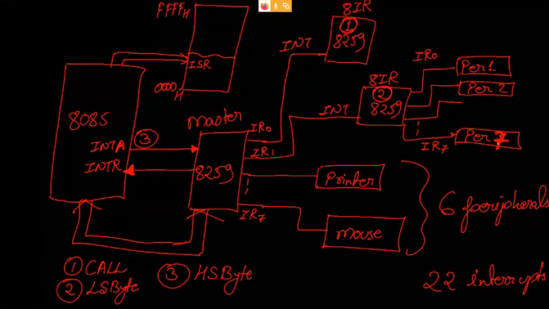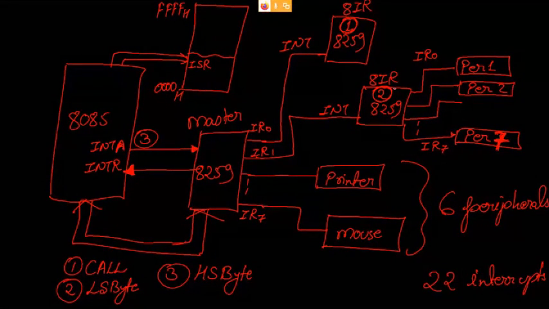In such a case, if these peripherals are demanding any interrupt, how is the 8085 going to know that this particular interrupt is generated from slave number 2's peripheral number 2? Assume this particular peripheral is demanding some interrupt.